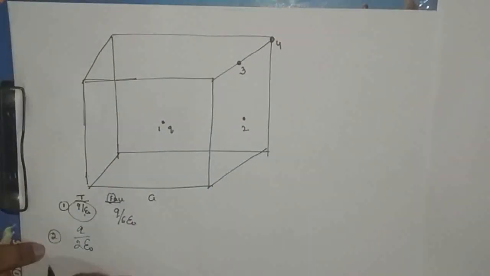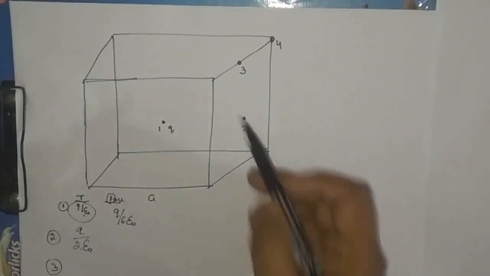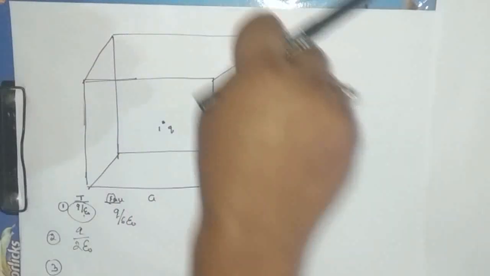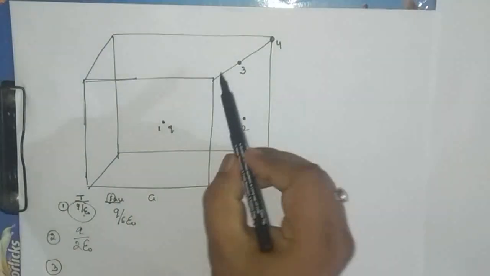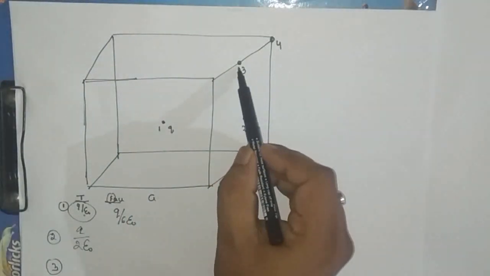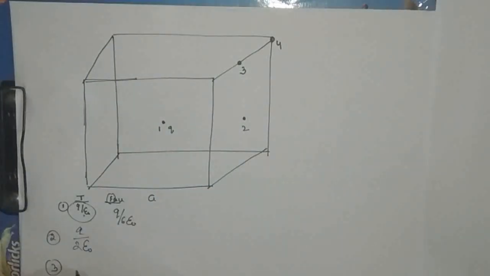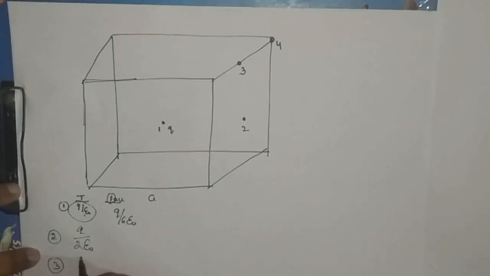Now if I go for a third case, think similarly. How many cubes are required to keep it? 1, 2, 3, 4. Just think of that in 3 dimensions. One fourth of the charge is inside, because 4 cubes are required, in 3D try to imagine. So I will write here Q by 4 epsilon naught.